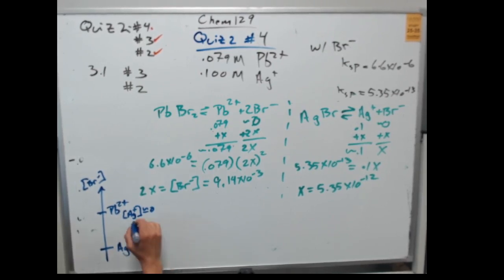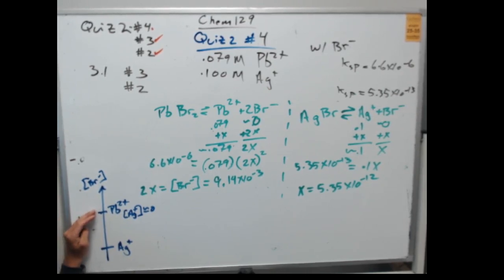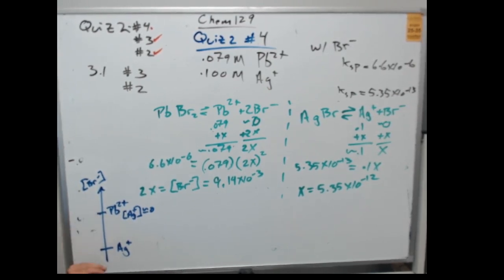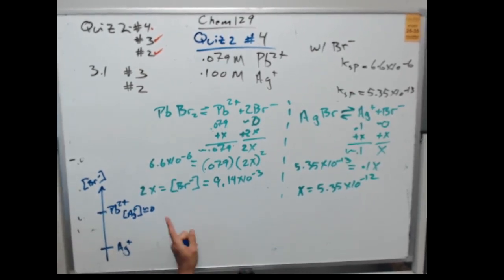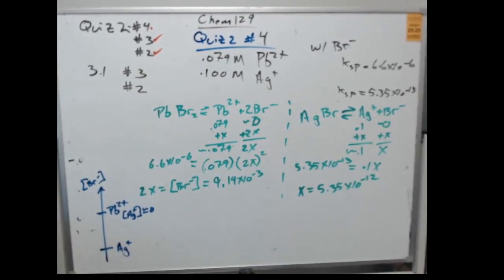My lead concentration is approximately the same. I should have done no reaction with lead. The whole point of this mark is before I've reacted any lead. And I know this point is the lead because I did my calculation to figure out which is which.